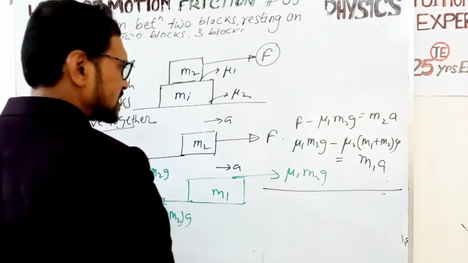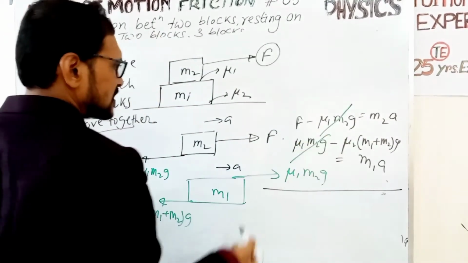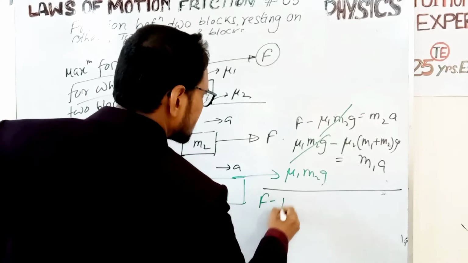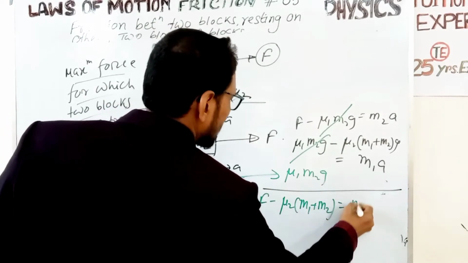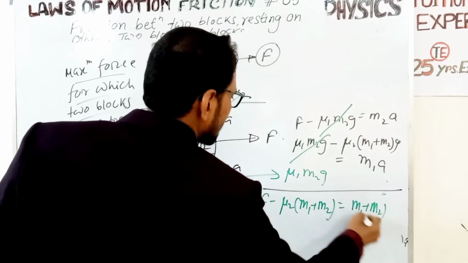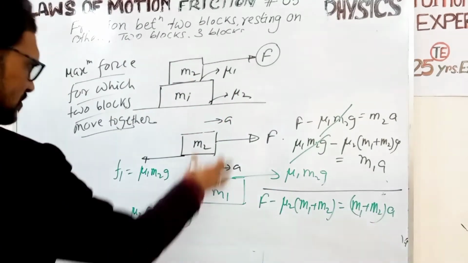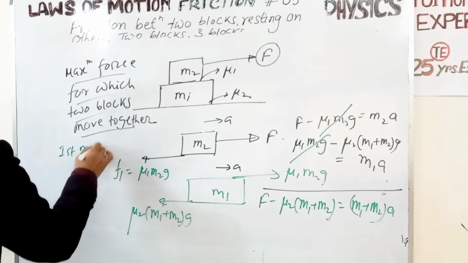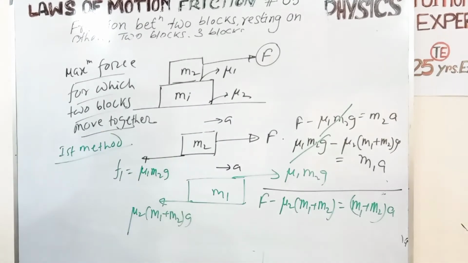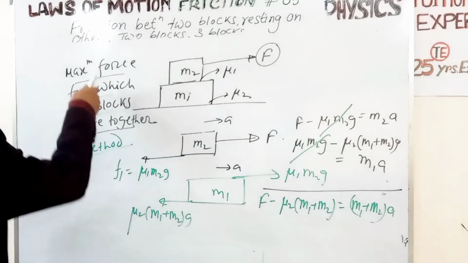This and this will be cancelled. This and this will be cancelled. So F minus mu2 (M1 plus M2) g equals (M1 plus M2) times A. This is the first method I discuss.